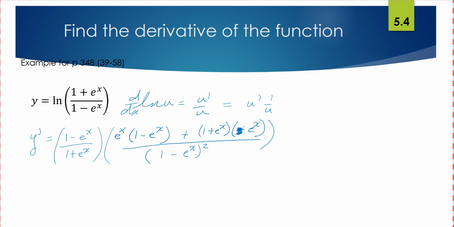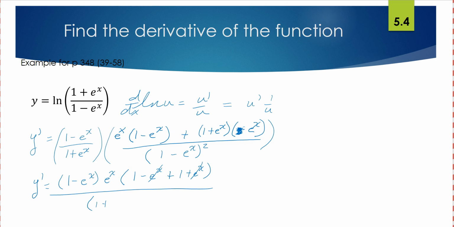So looking at what's common, I can take out an e to the x, and I have y prime is equal to 1 minus e to the x times e to the x, which I'm taking out, and I'm left with 1 minus e to the x plus 1 plus e to the x. The e to the x's cancel. And this is all over 1 plus e to the x, 1 minus e to the x squared.